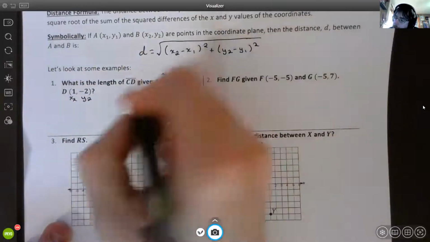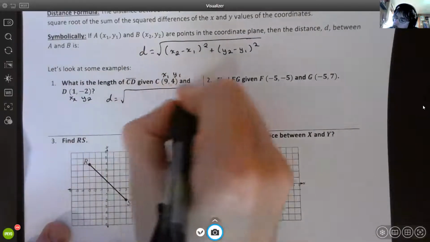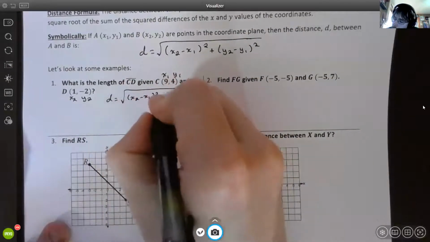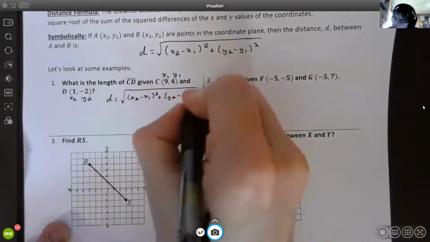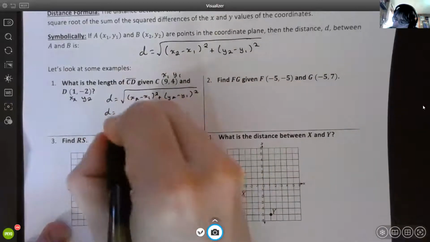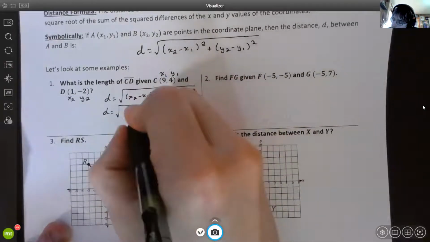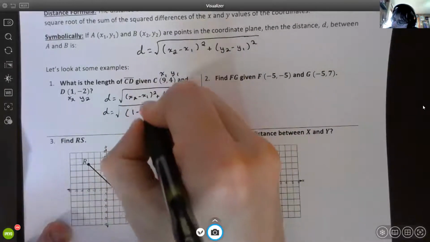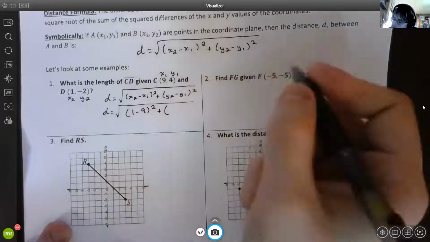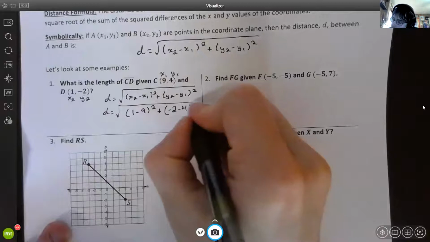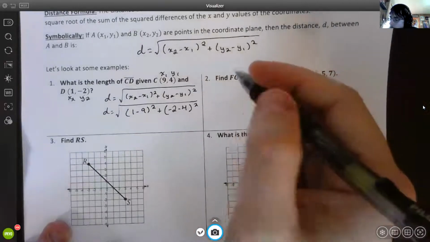So our distance formula is D equals the square root of (x2 minus x1) squared plus (y2 minus y1) squared. And plugging those in, x2 is 1 minus x1, which is 9, squared, plus then -2 minus 4 squared, because that's our y2 minus y1.